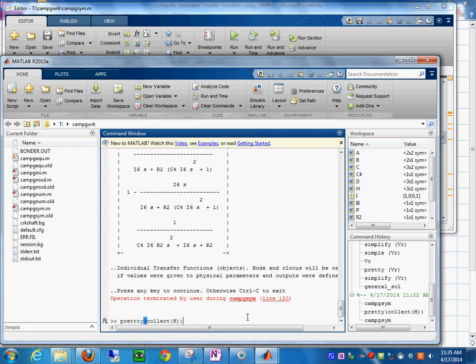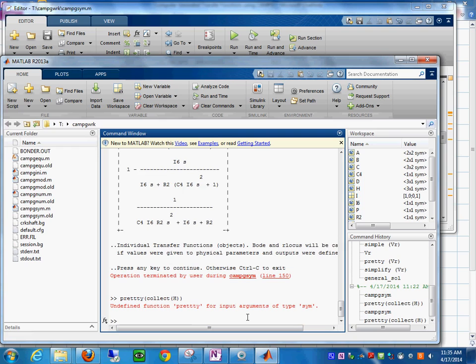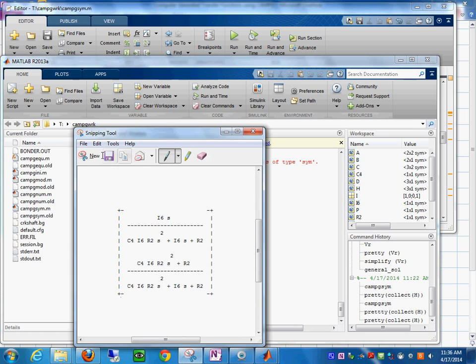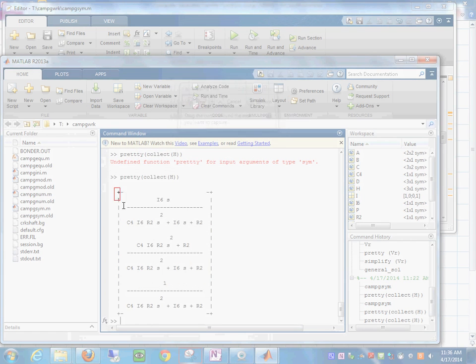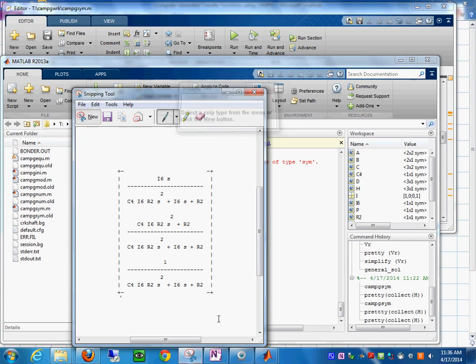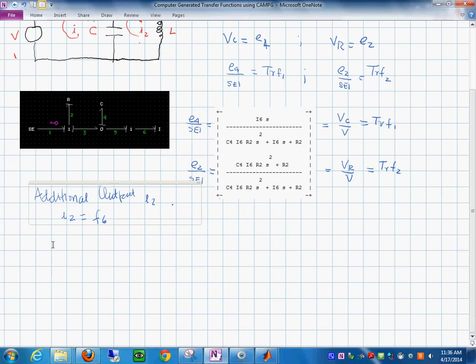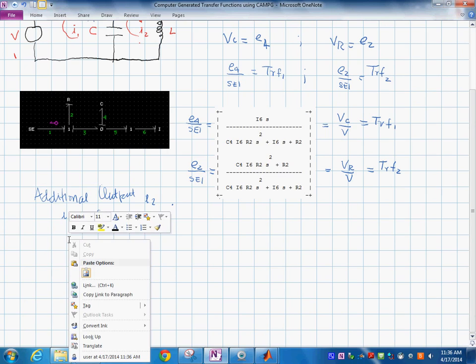And this one is the actual transfer function using the third output. I'm going to capture this and put it in my notes. And the output for number 6 in here, let's just put it over here.